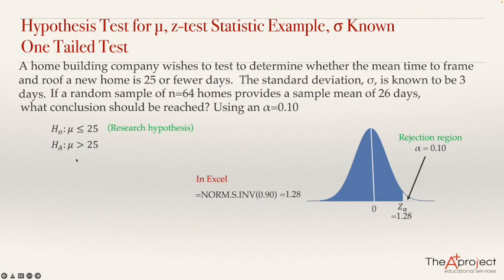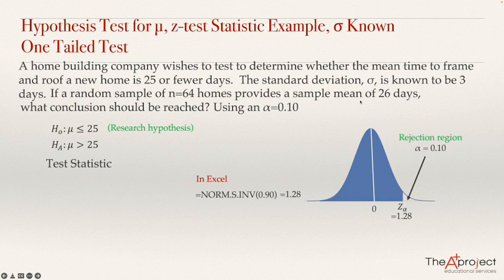So we are going to reject the fact that mu is less than or equal to 25. So far we don't know if this 26 is in this region or in that region. So this z-score of the 26, of this value of the sample mean, will be what we call the test statistic. So we are going to compute the test statistic of this 26.